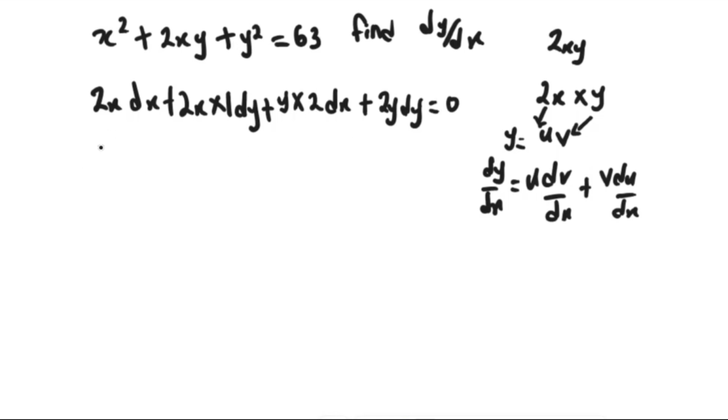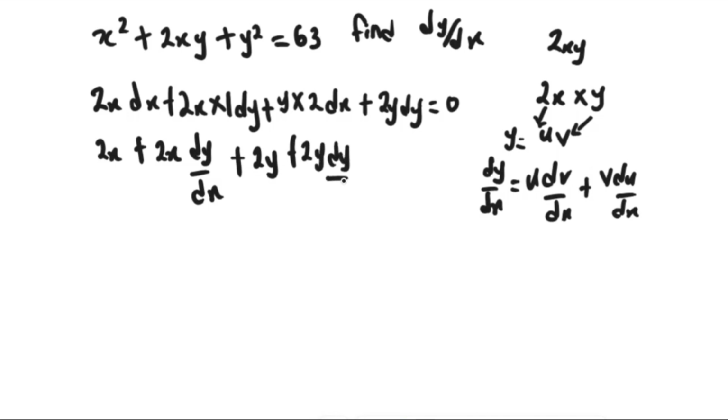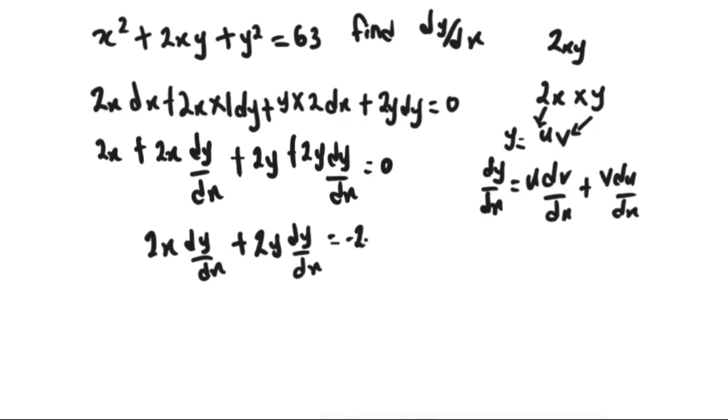So if we divide through by dx, we have 2x plus 2x dy/dx plus 2y plus 2y dy/dx, giving us 0. Let's collect like terms: 2x dy/dx plus 2y dy/dx will give us minus 2x minus 2y.